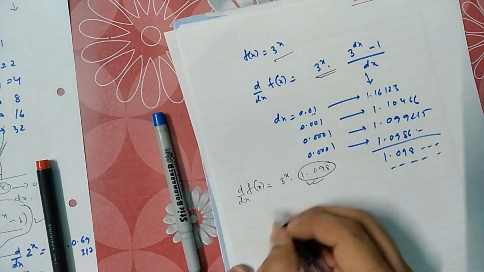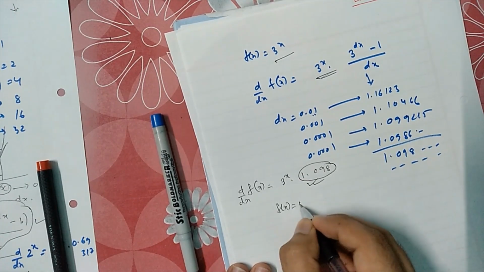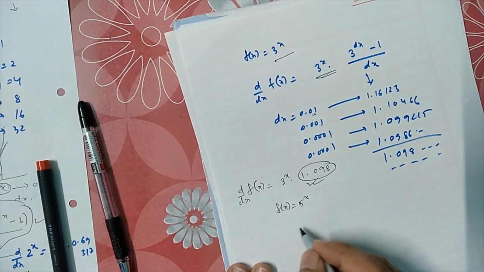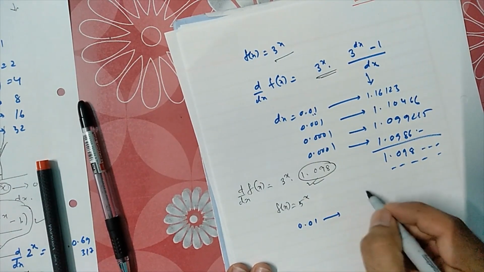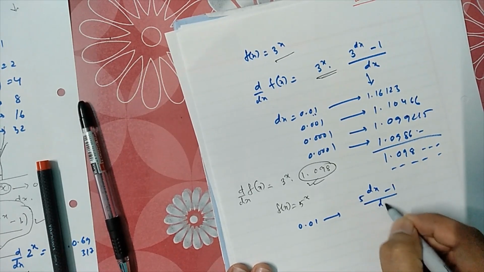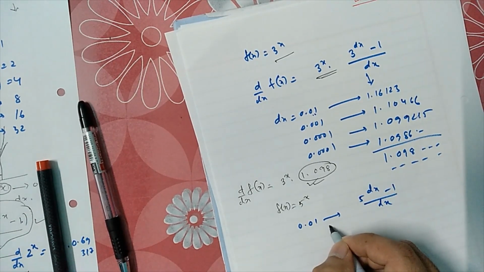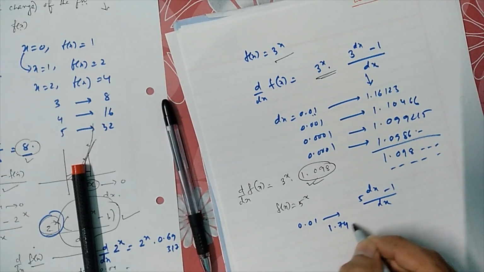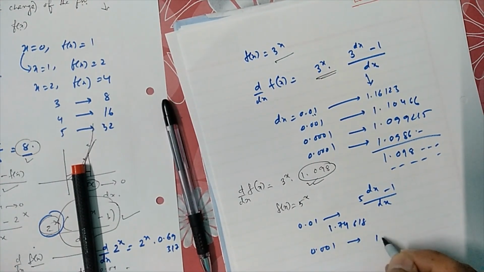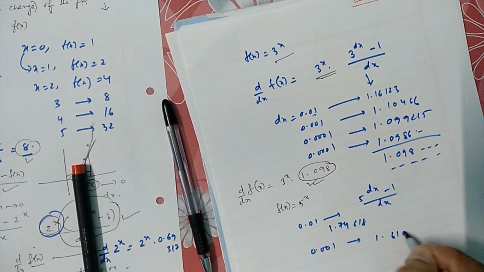Again, take f(x) equal to 5 to the power x. Then similarly, (5 to the power dx minus 1) divided by dx, for 0.01 it will be 1.74618. For 0.001 it will be 1.61073.